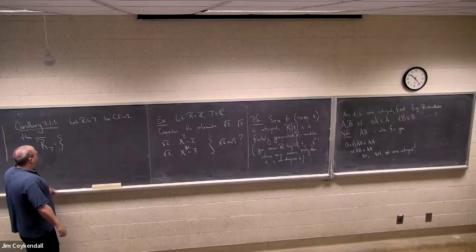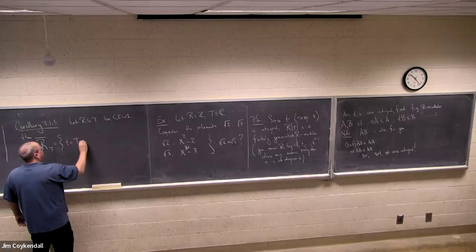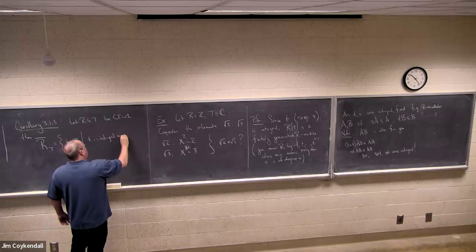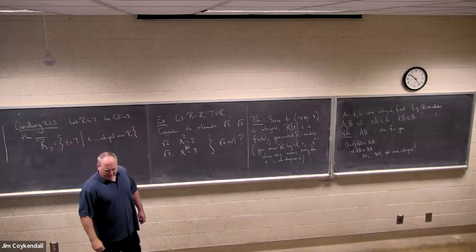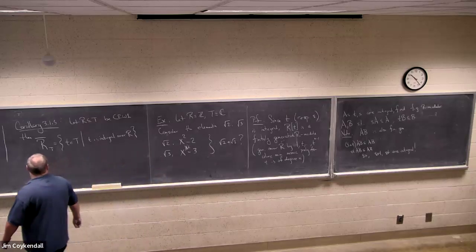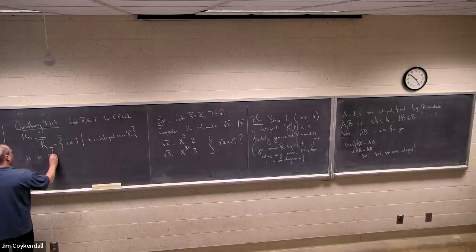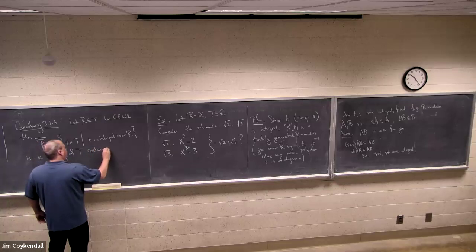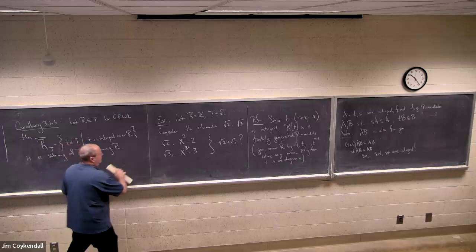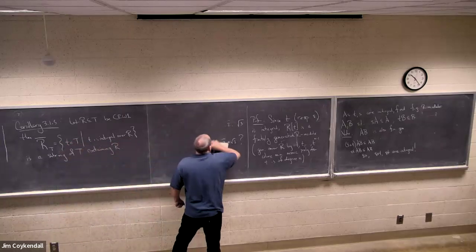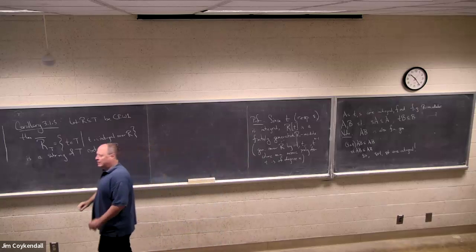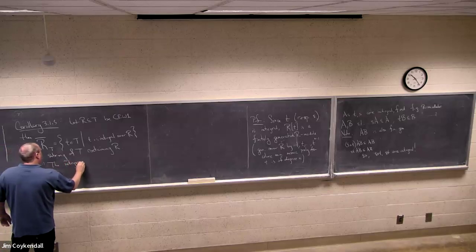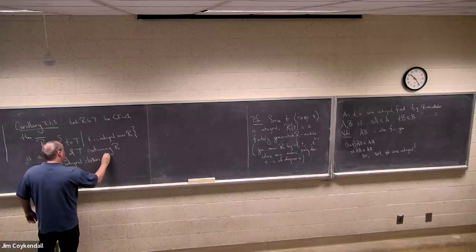R bar sub T. This is the collection of elements t in T such that t is integral over R. This is a subring of T containing R. Often this is called the integral closure of R.